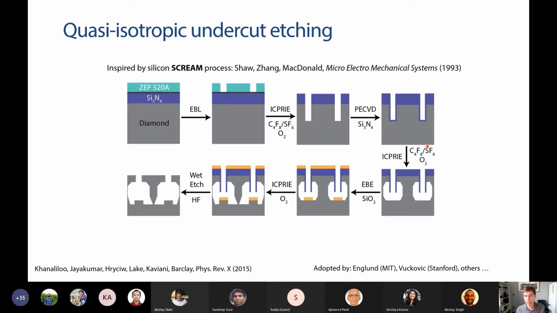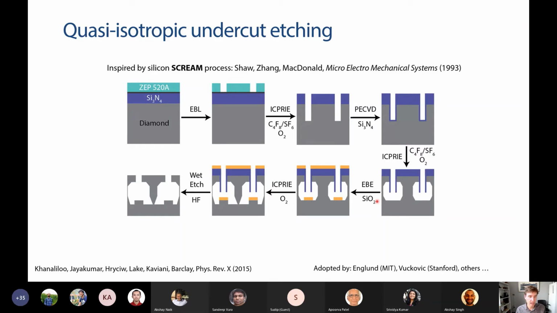Where our major contribution is, we found a way to use a plasma which is etching diamond in not just one vertical direction, but also in a horizontal direction at the same time. And we showed how we can use this to create suspended structures like waveguides and cavities.